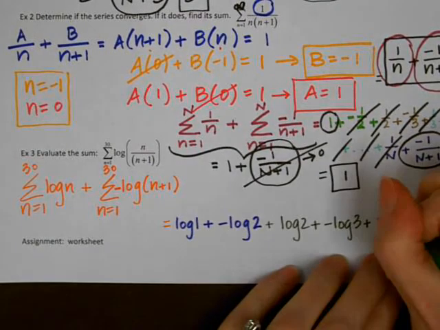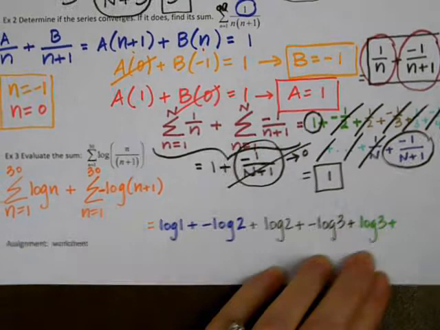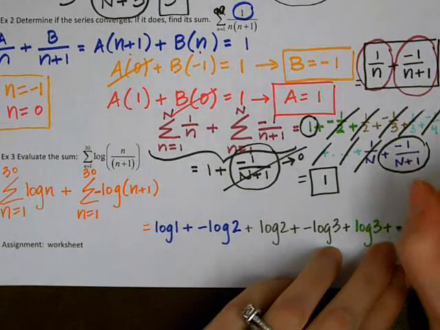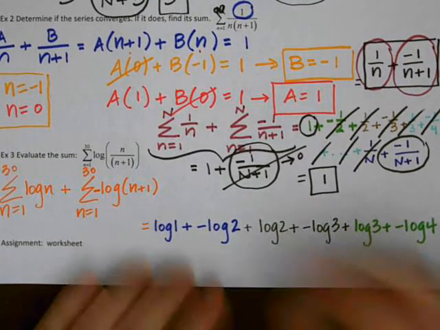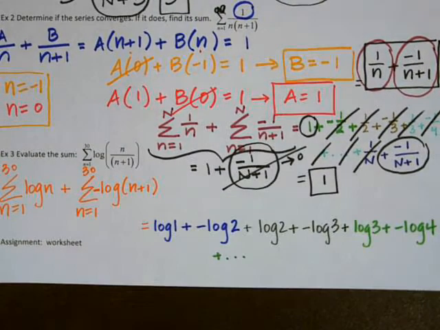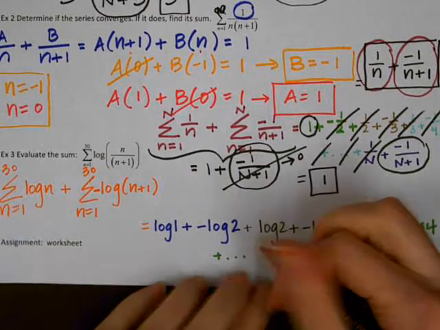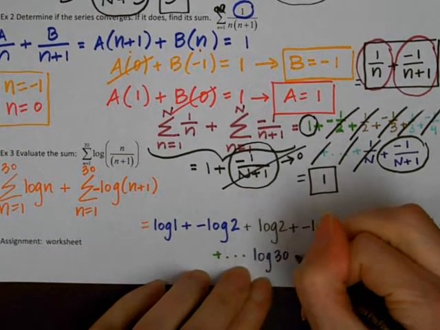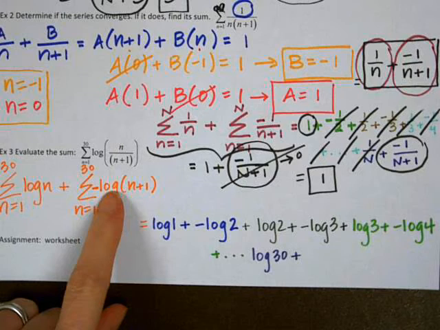This will be log 3 plus, when you plug in 3, negative log 4. Okay, and then let's do dot, dot, dot, and let's finish off with 30. So if you plug in 30, this is going to be log 30 plus negative log 31.